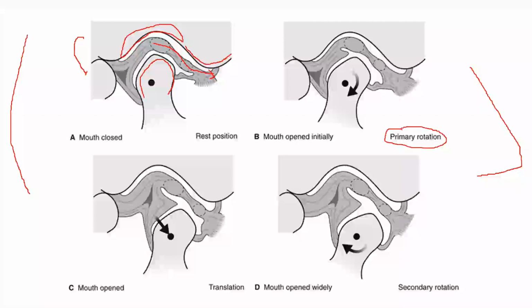This is a slight rotation of the condylar head within the mandibular fossa, and it only gives us the first couple of degrees of opening. It is just separating contact between the maxillary and the mandibular teeth.